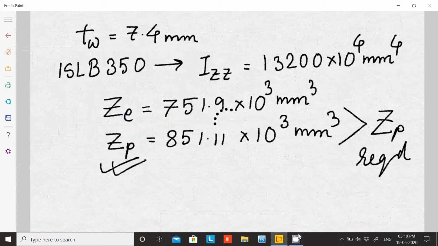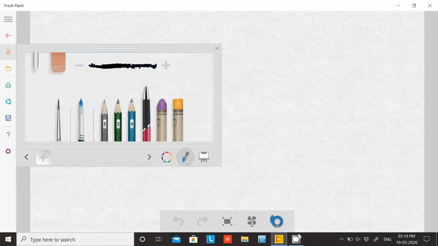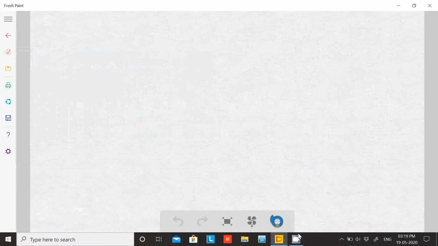All right, we always go with the plastic section modulus, because you see we try to achieve a load. Plastic section modulus is related to what? Plastic moment.